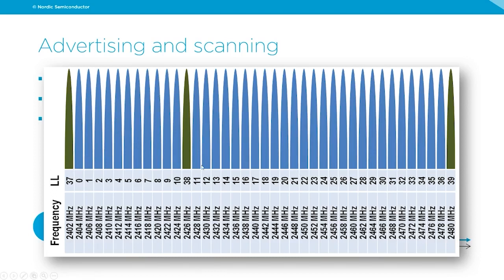Wi-Fi usually has most of its activity elsewhere, and these 3 channels are the least active for Wi-Fi, so you have more chance of transmitting data without collision with Wi-Fi. That's why they are selected.